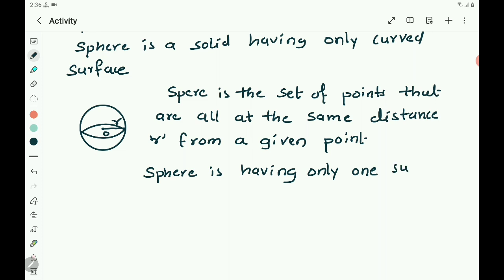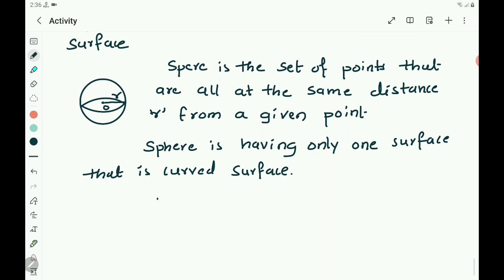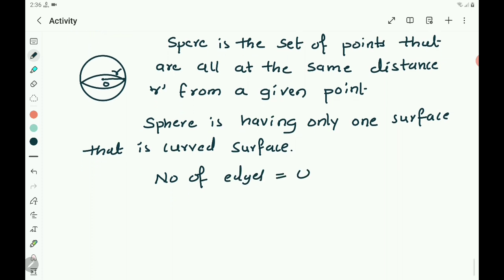Only one surface, that is curved surface. So number of edges 0 and number of vertices is also 0. No edges, no vertices.